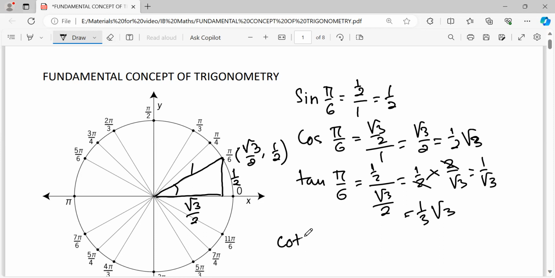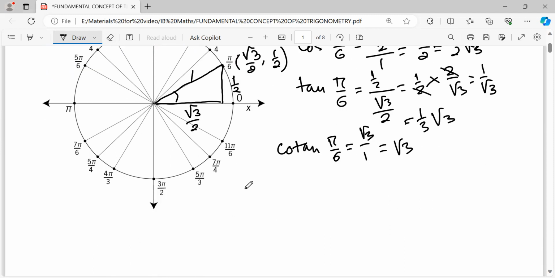Cotangent pi over 6 is the reciprocal of 1 over square root 3, which is square root 3 over 1 equals square root 3.